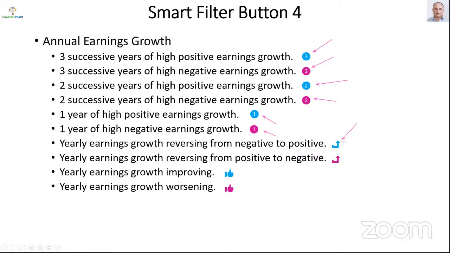And then similar to the quarterly earnings growth, yearly, reversing from negative to positive, that is bullish, reversing from positive to negative, that is bearish, and even less restrictive, improving is bullish and worsening is bearish, even if the sign does not change.